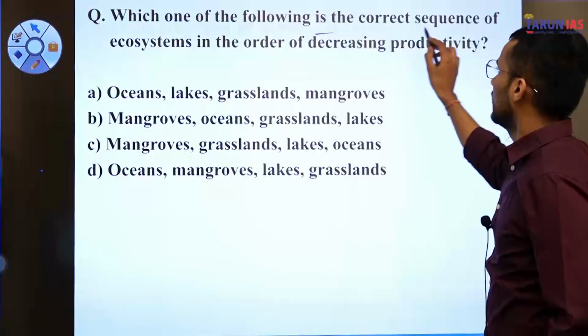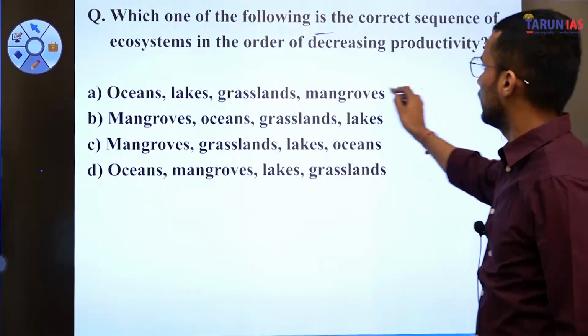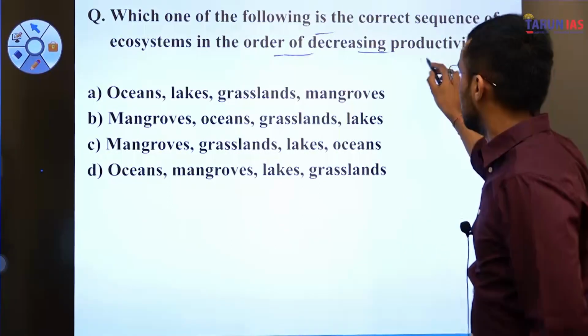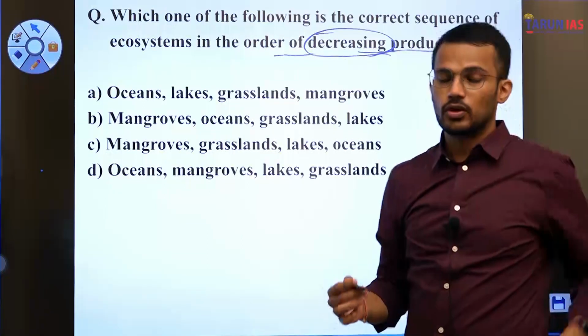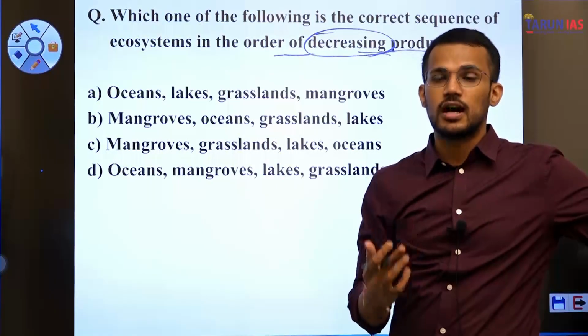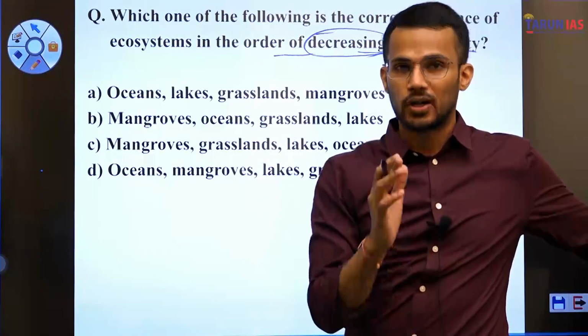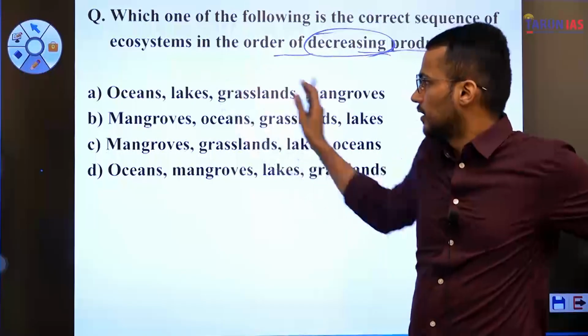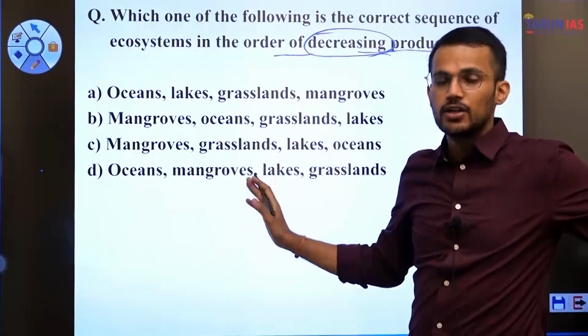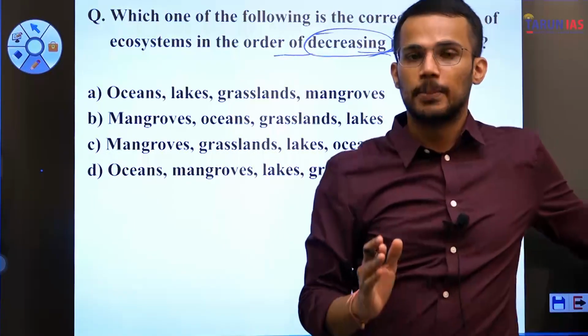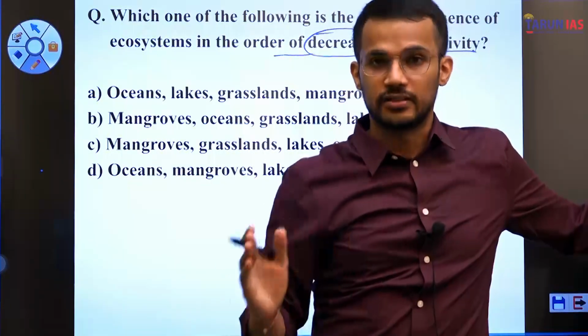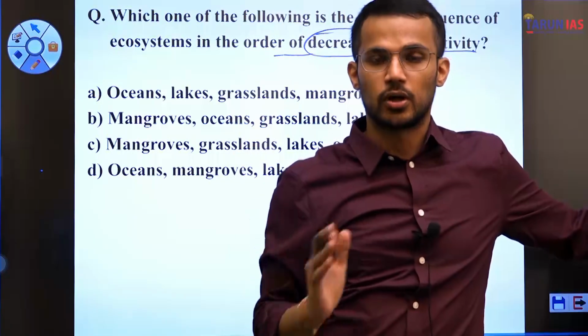Next question. Which one of the following is the correct sequence of ecosystems in order of decreasing productivity? What is this question asking? This question is asking you about the productivity of these ecosystems, and you are supposed to arrange them based upon decreasing productivity.